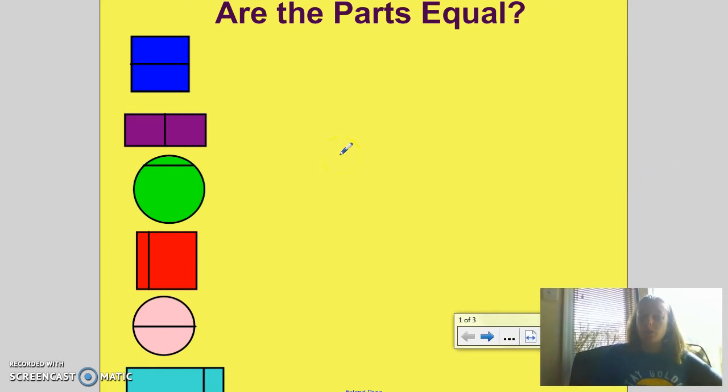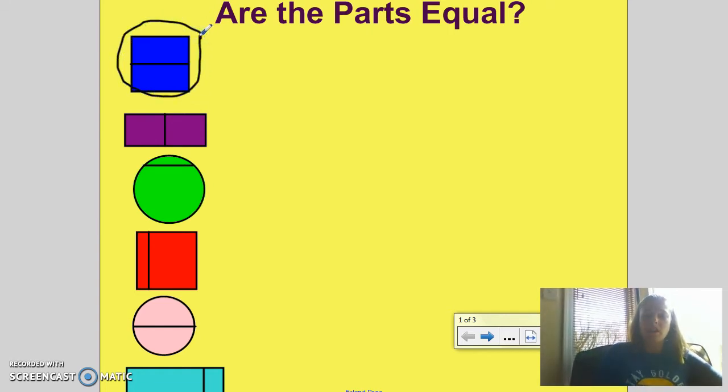All right, and what you're going to do next to each number, you are going to decide yes or no, is each shape divided in half or partitioned in half? Remember, partitioned is another word for divide. So I want you to look at this square right here.